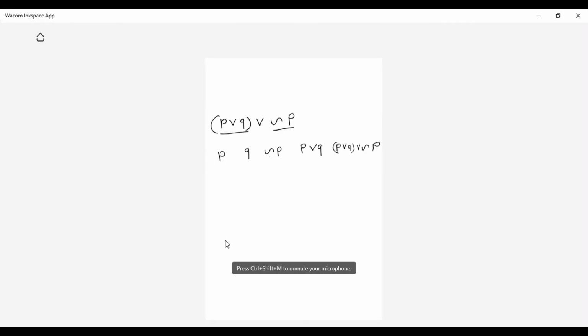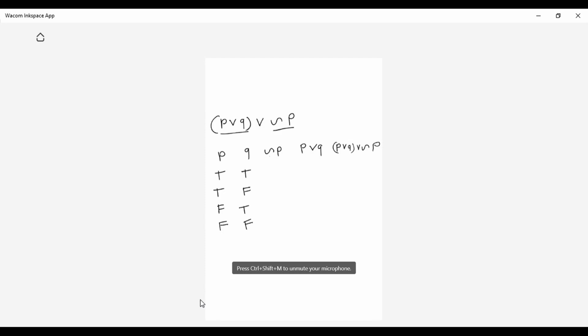This step is very important, students. You have to find the terms and solve accordingly. Everyone is clear with this step? Okay. For P, I'll write true, true, false, false. For Q, I'll write true, false, true, false.